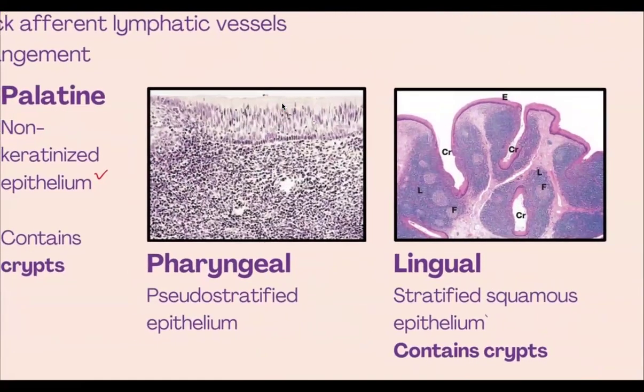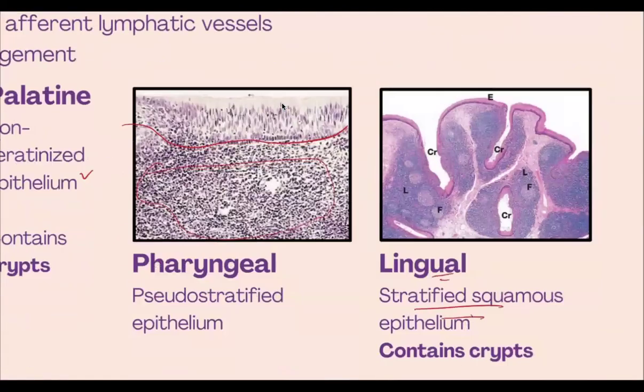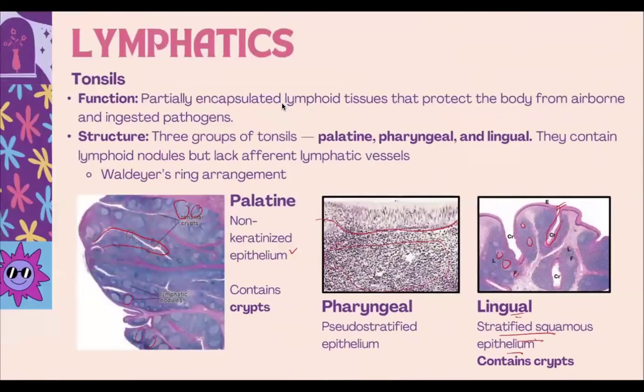Then you have pharyngeal, which is your marking for the pseudostratified epithelium, and under it is the lymphoid tissue. Then you have your lingual, which is under the tongue's stratified squamous epithelium. Right here, under it, you can see the lymphoid tissue in the lingual tonsils, and they also have crypts. I hope that is clear. An important point to note is they also lack afferent lymphatic vessels, just like the thymus.